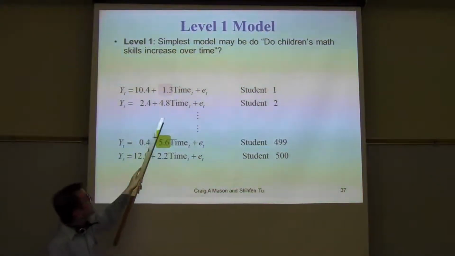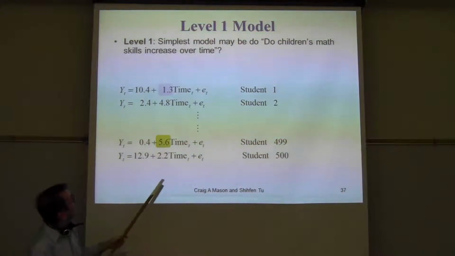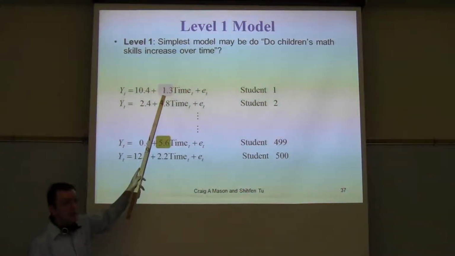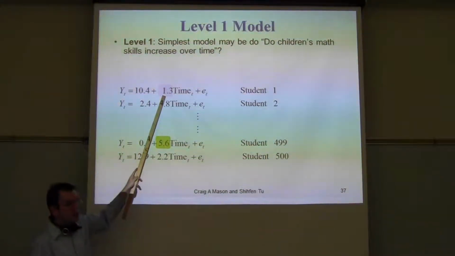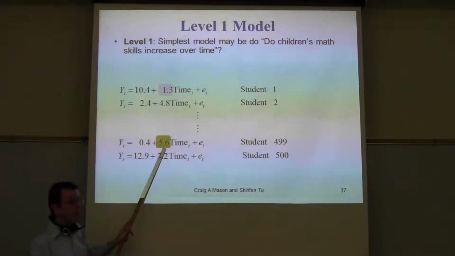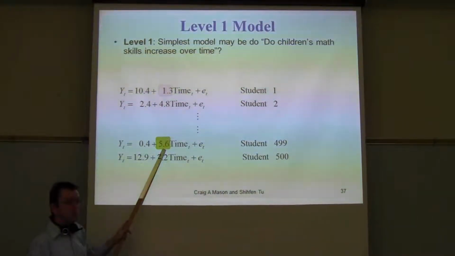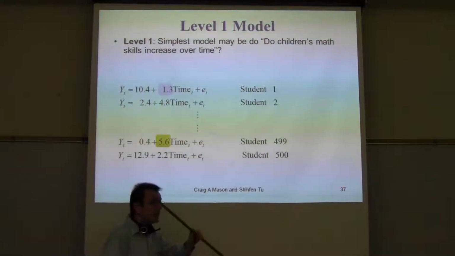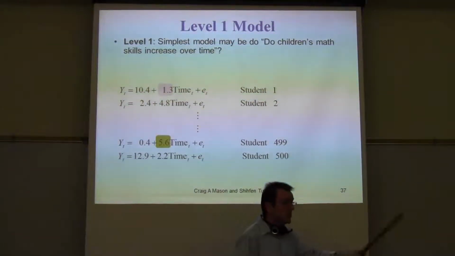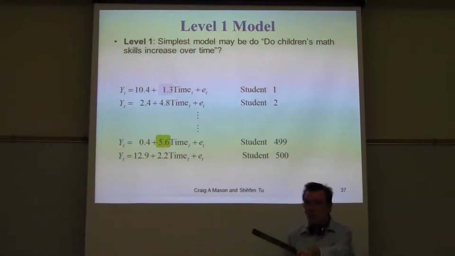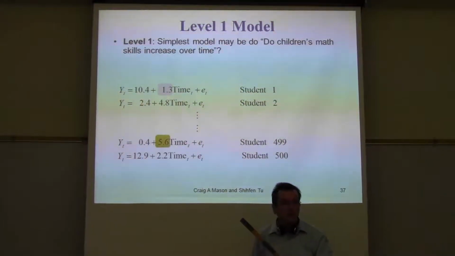You can start to then ask yourself, notice some students have low growth or slow growth. Some have more rapid growth. So we've got all those 500 equations. Your growth model, your growth model, my growth model.